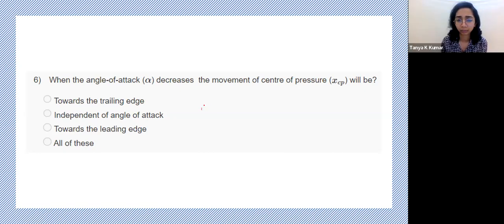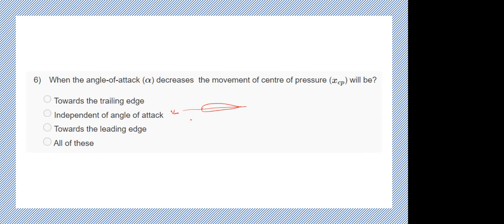Okay, let me just try to understand what you said. In this case, this is the chord line, and suppose your free stream velocity is also in the same direction. What is the angle of attack here? If it's a high angle of attack, ma'am, it will first touch the leading edge.